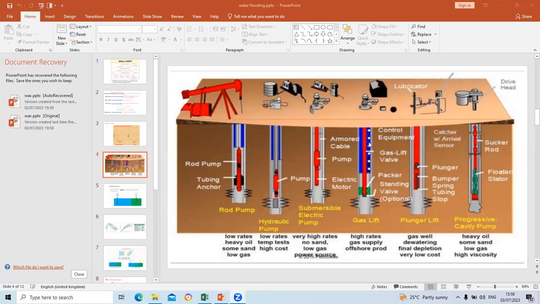So the gas is pumped inside the annulus. The gas comes to the operating valves, then gets into the tubing. Then it mixes with the liquid inside the tubing and reduces the density so that it can easily flow upward by buoyancy.